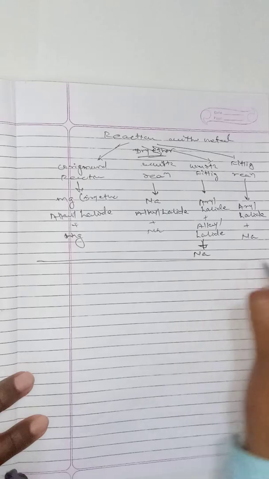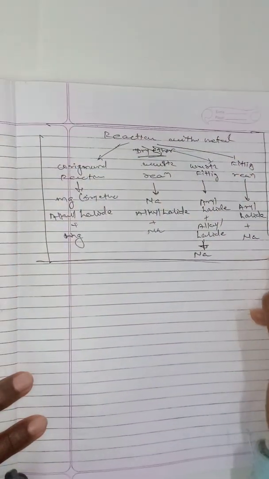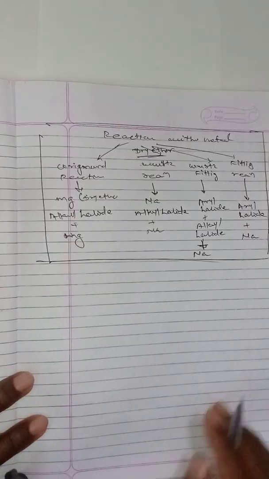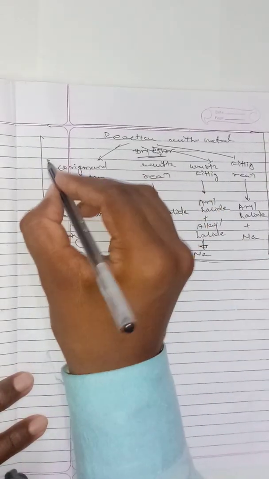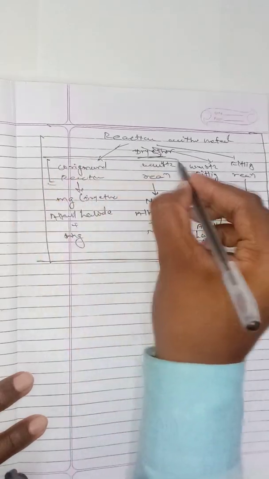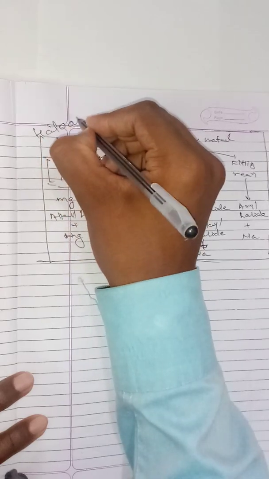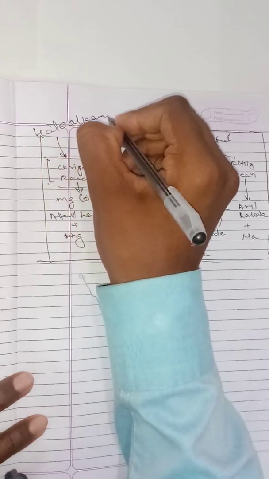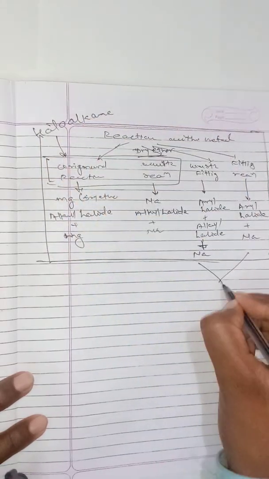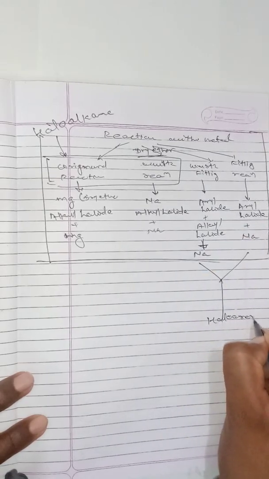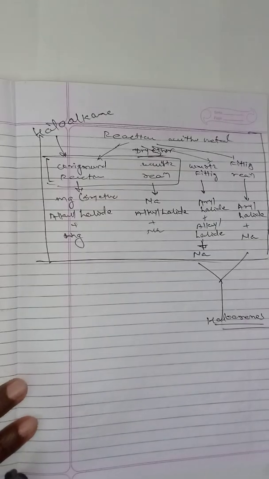So this is the main part of this reaction with metal. These two reactions are for haloalkanes, and these two reactions are for haloarenes.